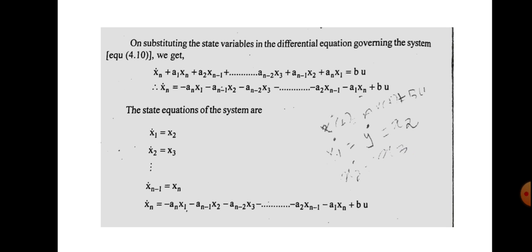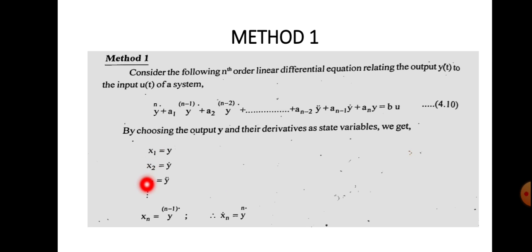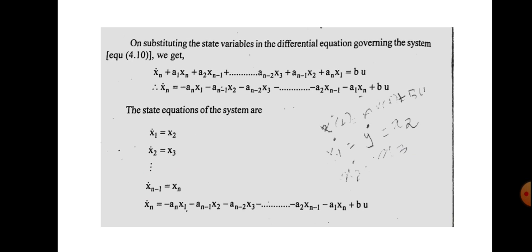On substituting the state variables x1, x2, etcetera, in the differential equation governing the system, instead of y we write x1, instead of y dot we write x2, and similarly we go on.